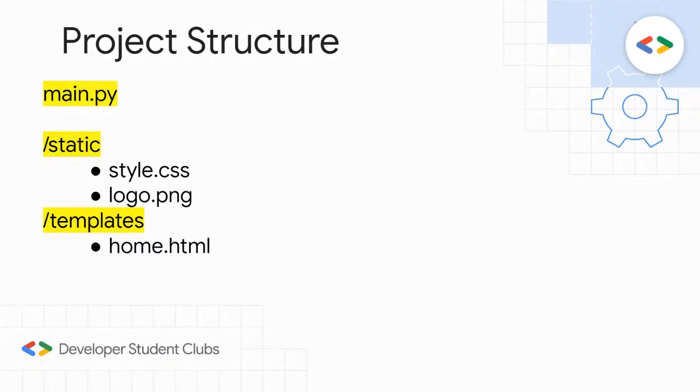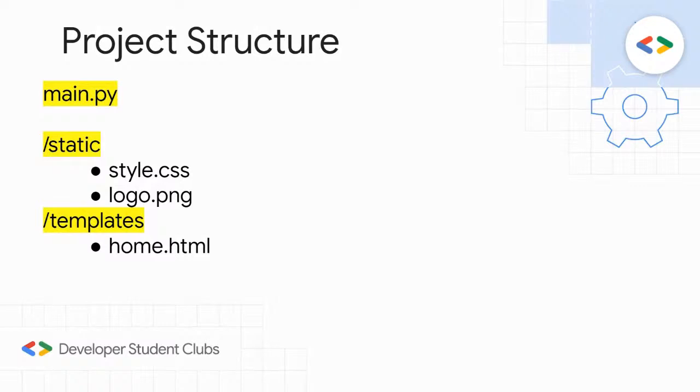Fonts and images are all static resources. In addition to that, we have the templates folder, which will hold our HTML files. These files will contain the template variables we talked about in the previous example. And we are going to access all these HTML files using routes like /home or /lists.